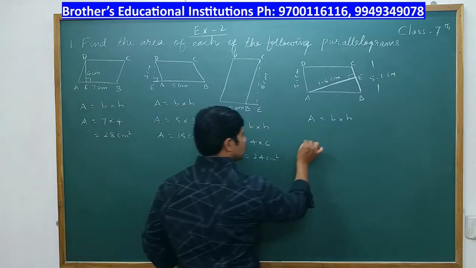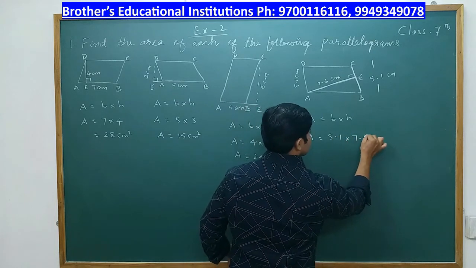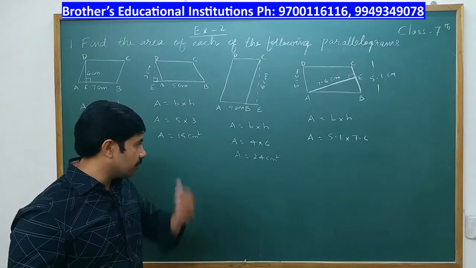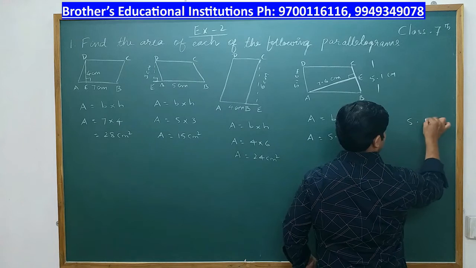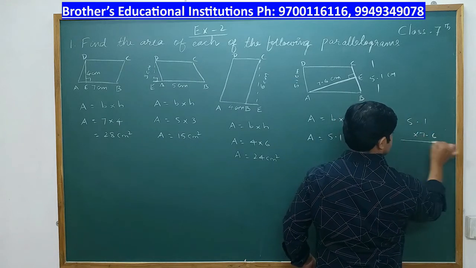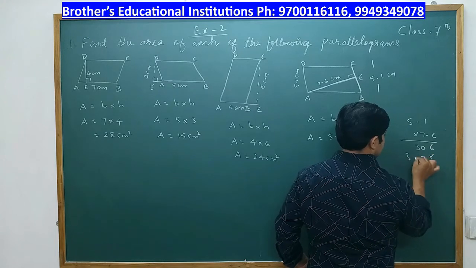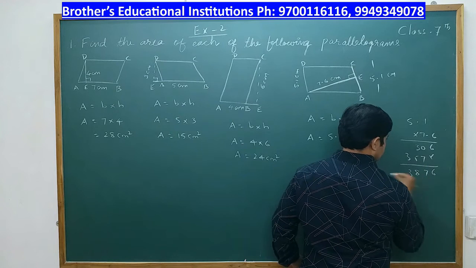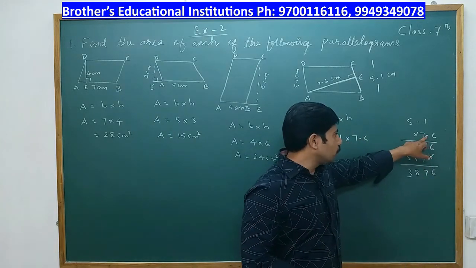So area is nothing but base 5.1, height is 7.6. So we need to calculate 5.1 into 7.6. So 6 ones are 6, 6 fives are 30, 7 fives are 35. So 6, 7, 8, 3. So we need to put the decimal. See how to put the decimal.